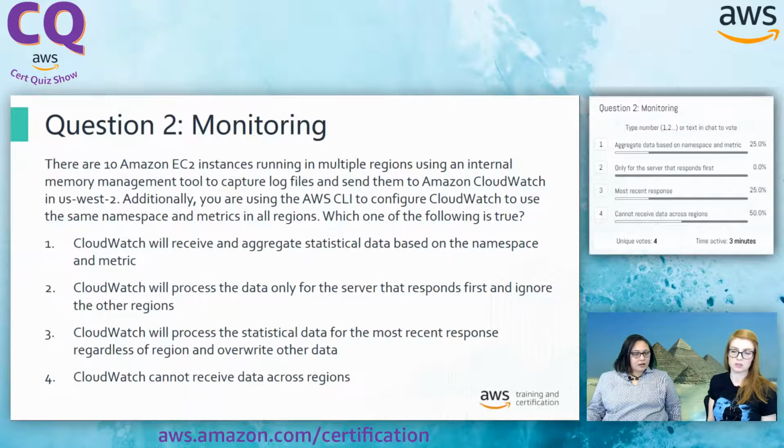Next: process the data for the most recent response regardless of the region and overwrite the data. That doesn't sound right for CloudWatch, because it doesn't differentiate data, and all of the EC2 instances are sending the logs to US West, so it has nothing to do with regions. So I'll take that out.